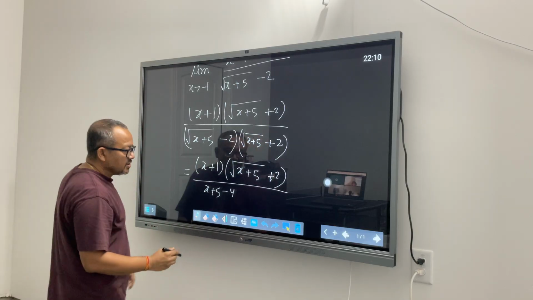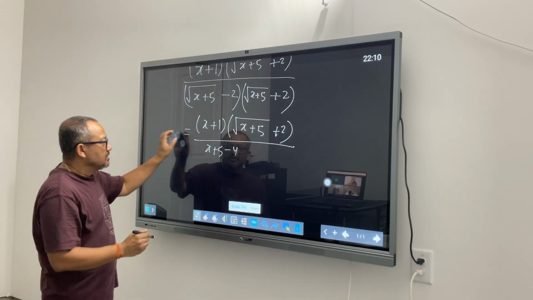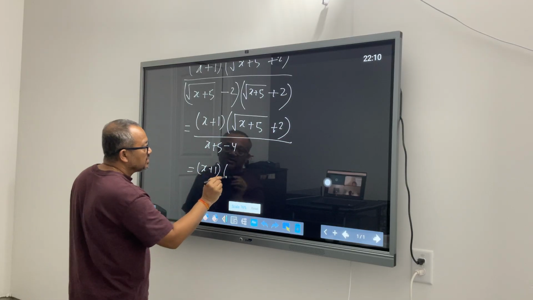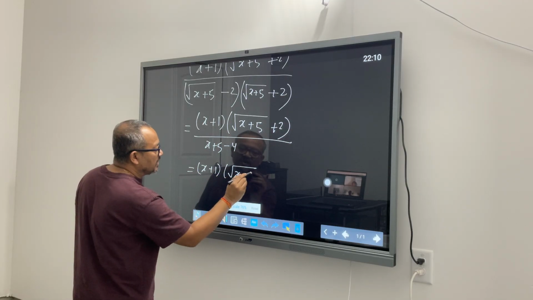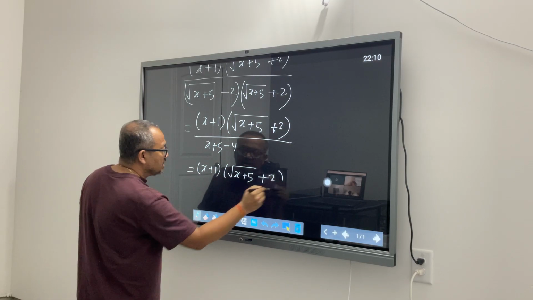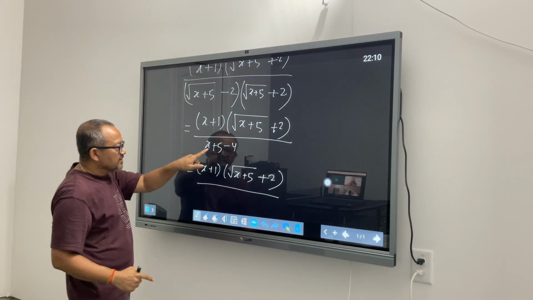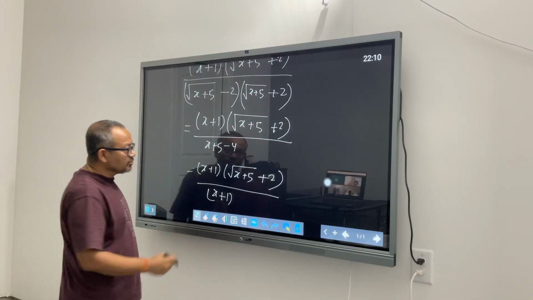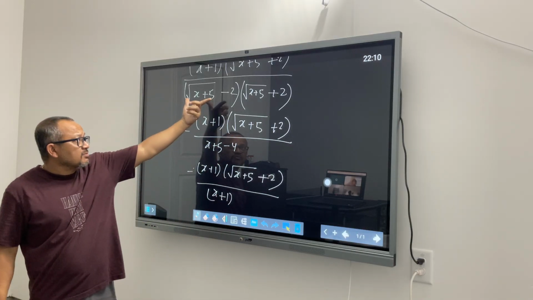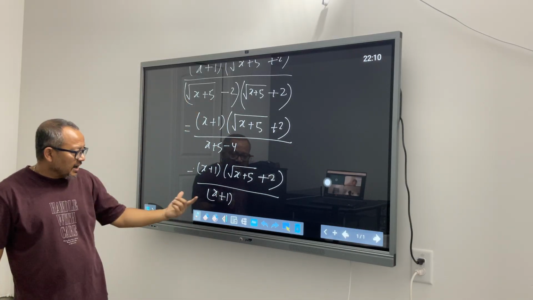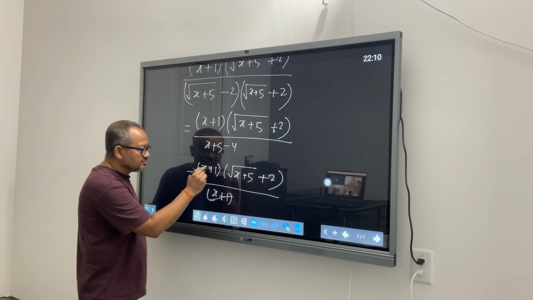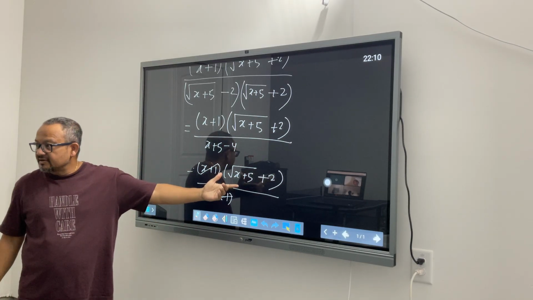So this became x plus 1 times square root of x plus 5 plus 2, divided by x plus 5 minus 4, that is x plus 1. So we were trying to knock off the radical sign from the denominator and it became a blessing in disguise. We can literally knock off these two, and this is what we are left with.